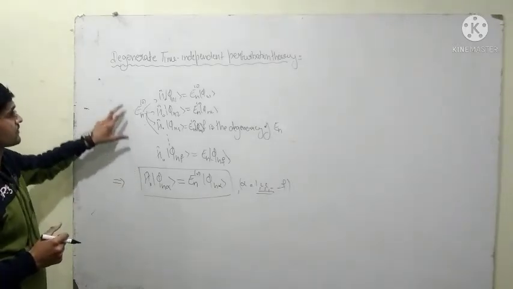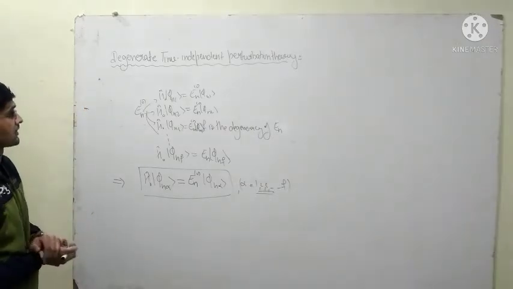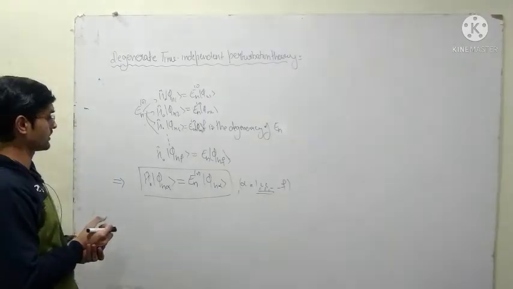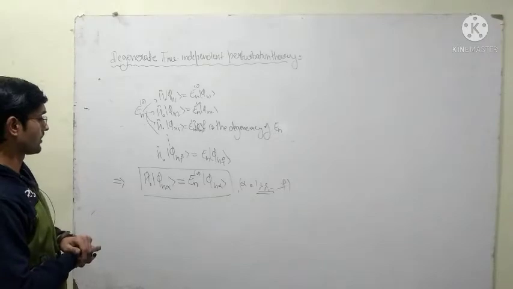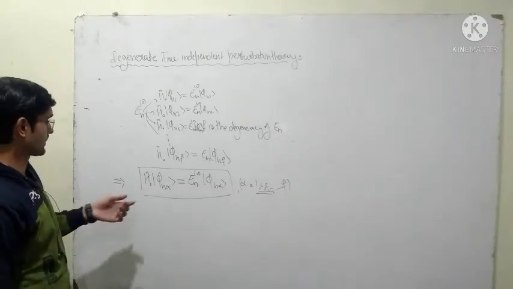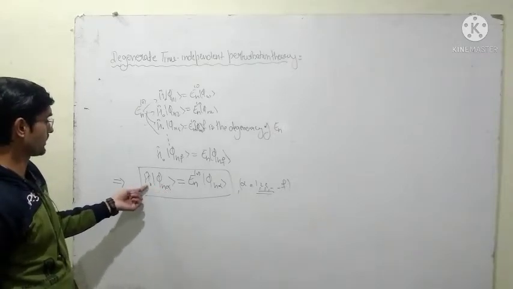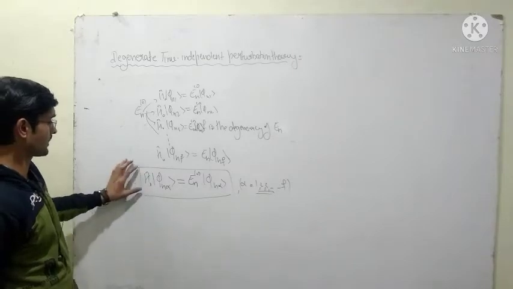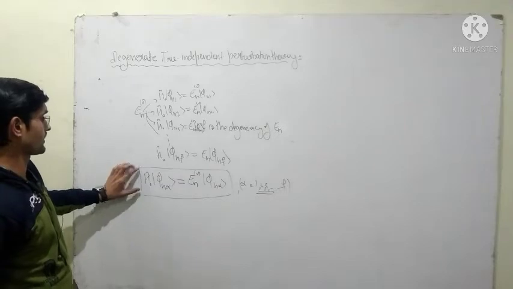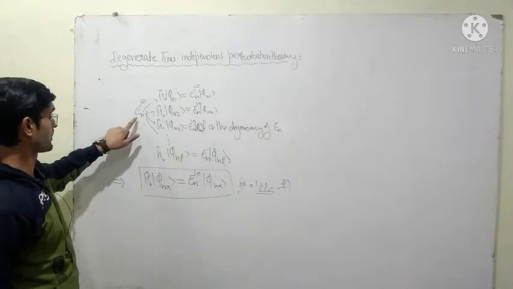In this derivation I will derive the correction terms again, because in perturbation theory we calculate the energy correction and the wave function correction. We will start by assuming that the already solvable Hamiltonian H naught, the unperturbed Hamiltonian, is in this case a degenerate Hamiltonian. That means we have many wave functions or state vectors corresponding to that one energy.